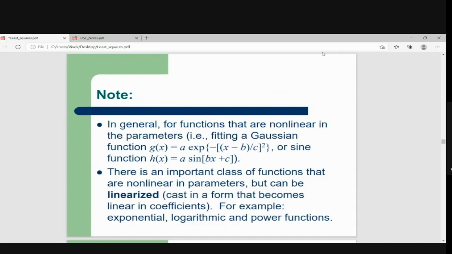For the exponential function, I can find its series and take just a few terms, the linear terms, and then I get the linearized form. Similarly, I can use the series of the logarithmic function and take just the linear terms, and it will be the linearized form.